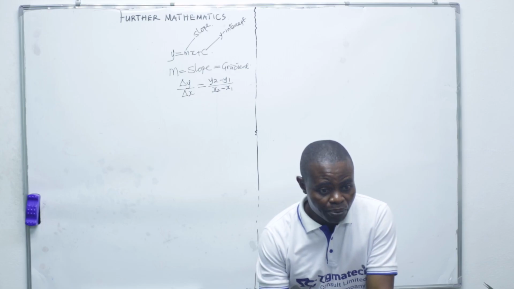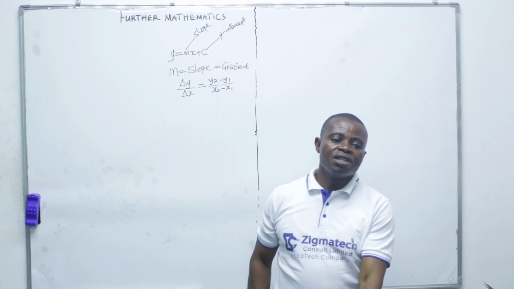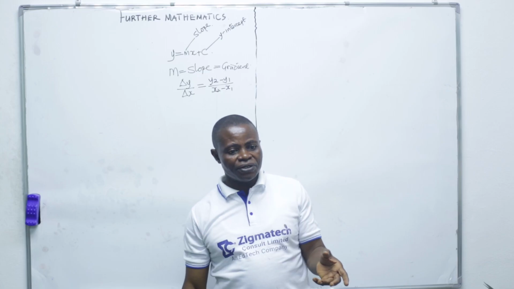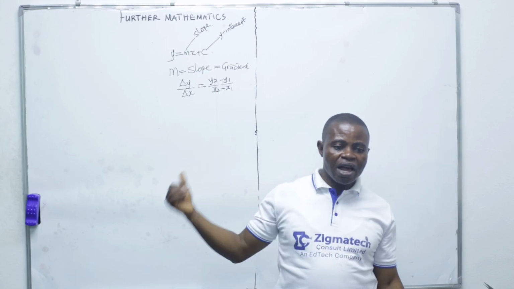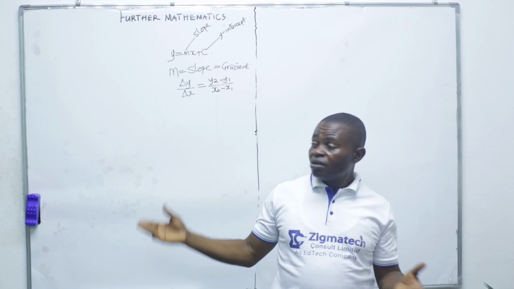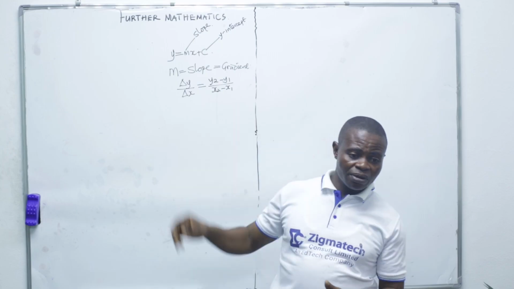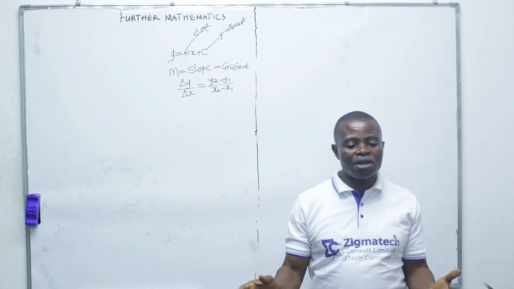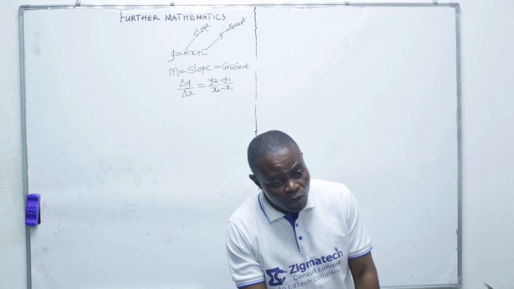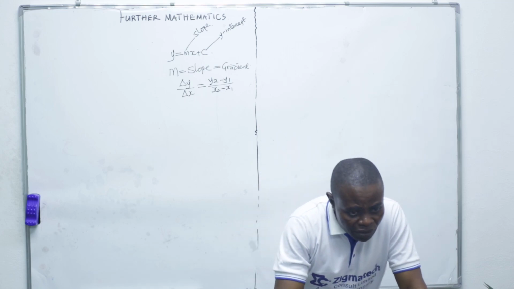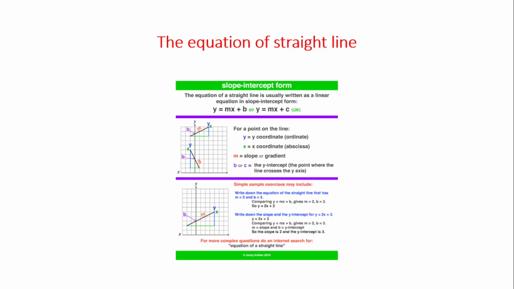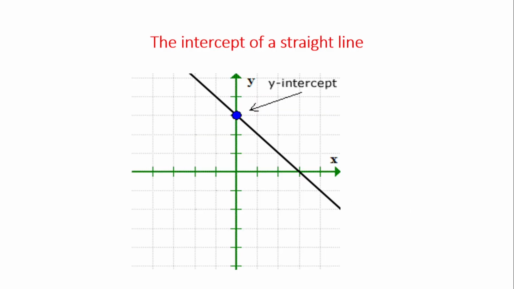Okay, let's go further ahead. The equation of a straight line. I have explained it a couple of minutes ago, so we're not going to waste or delay more on this. The intercept of a straight line.